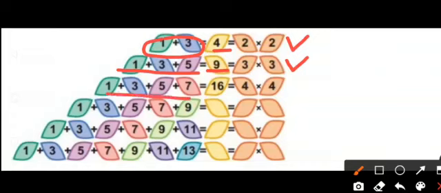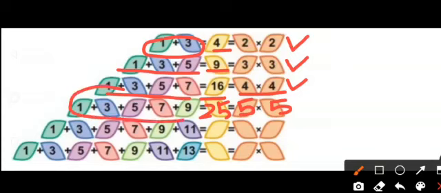At the third step, we get 16. Means 4 4s are 16. Next, follow the pattern. After 4, 5 5s are 25. So without adding these odd numbers from 1 to 9, we directly get the answer 25 by understanding this pattern.